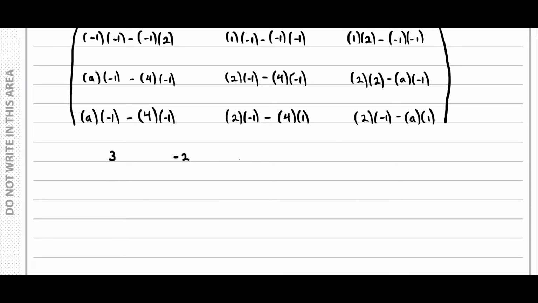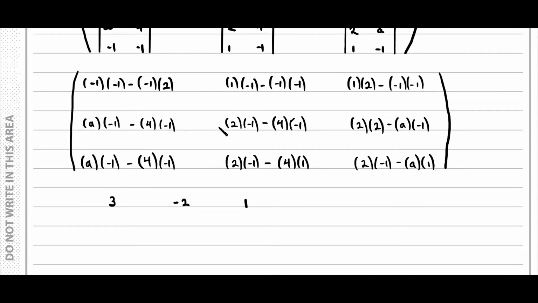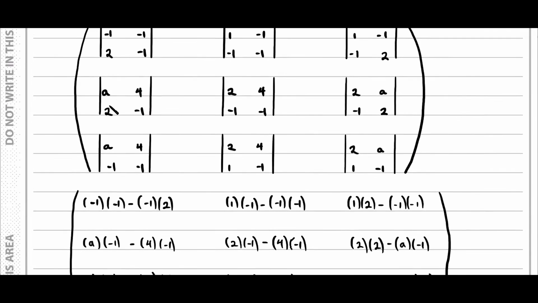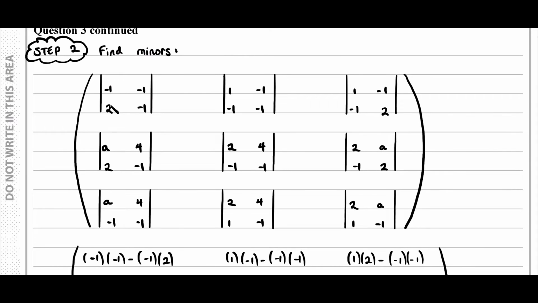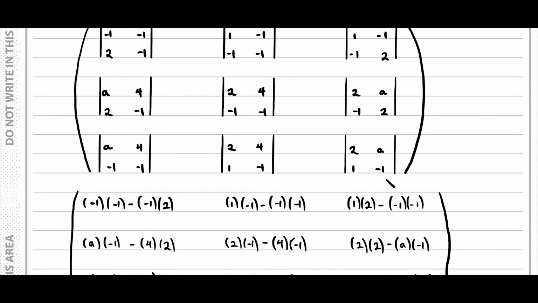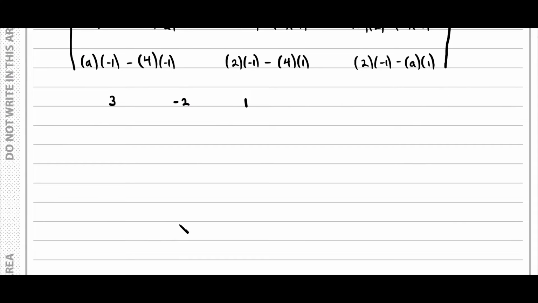Here we have minus a plus 4. Sorry if I worked this out correctly. Sorry, over here I was supposed to put 2. So apologies for that. So for the next one we have minus a minus 8.